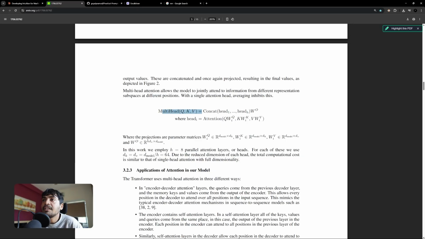MultiHead(Q, K, V) equals Concat(head 1, head 2, ..., head h) multiplied by a matrix W^O, which is trained alongside the model. We will train this again in our next video.